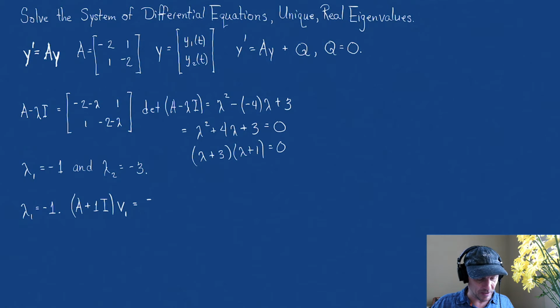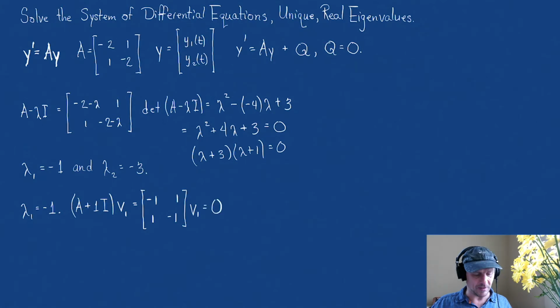So that's going to be minus 1, 1, 1, minus 1, times the eigenvector v1, and that has to give me 0. Notice right off the bat we know our work is correct, because if you multiply the first column by negative 1, you'll get the second column. So those are dependent. That quick check should always work.